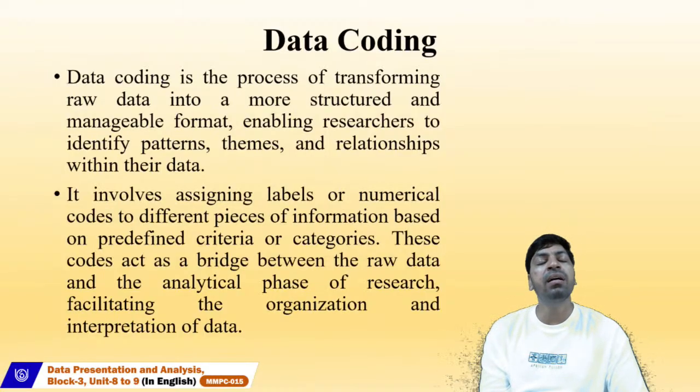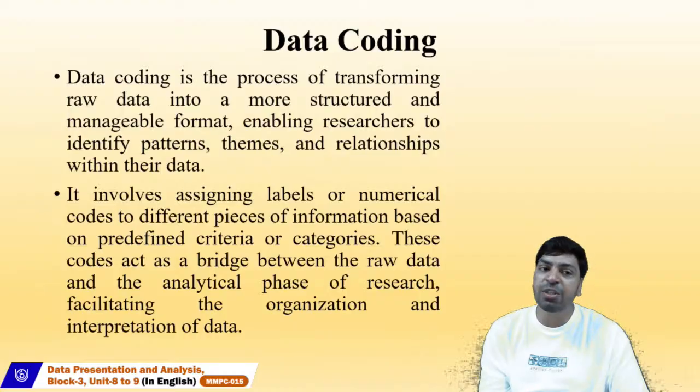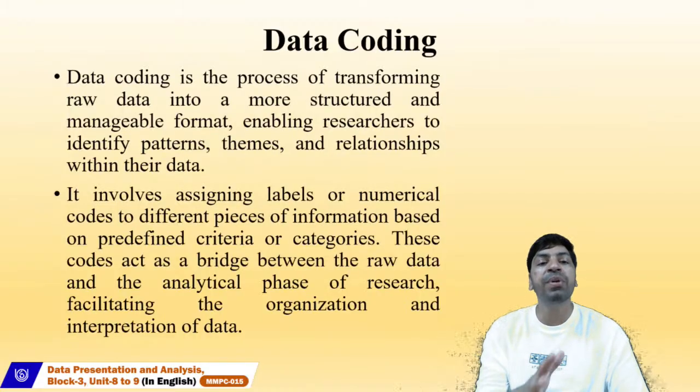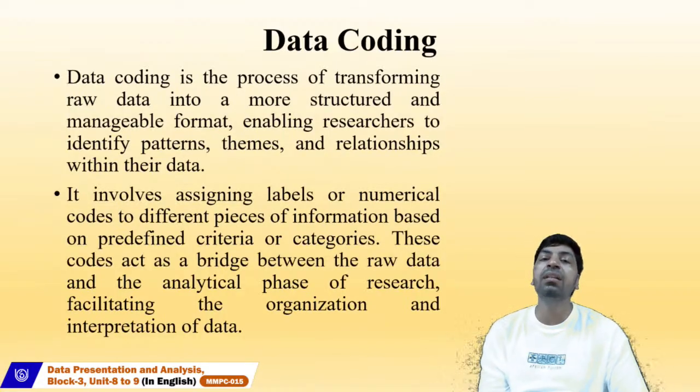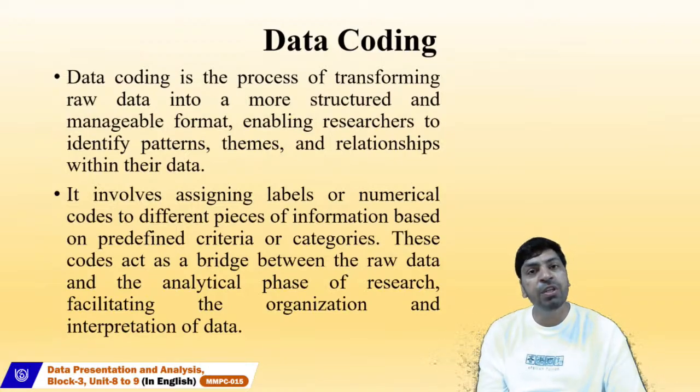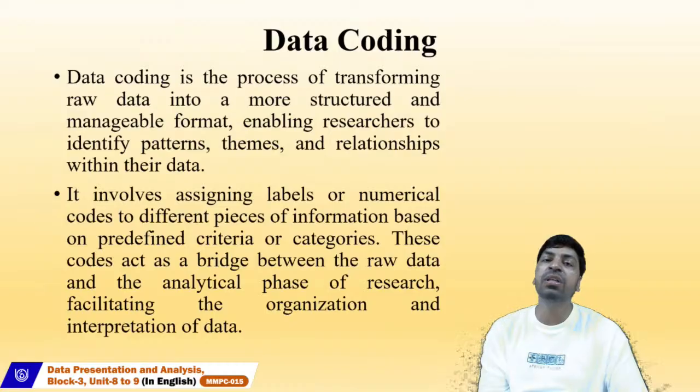It also assigns labels or numerical values to different pieces of information based on predefined criteria or categories. These codes are a bridge between the raw data and the analytical phase of the research, which is beneficial to organize and accordingly interpret the data in a research study.